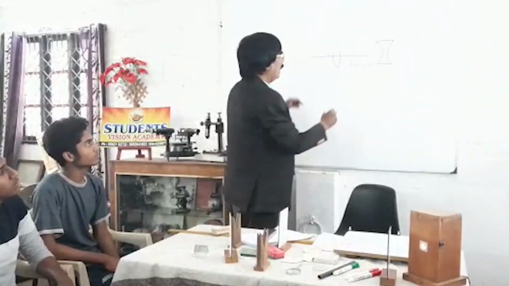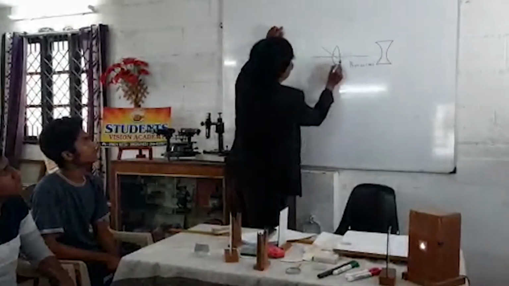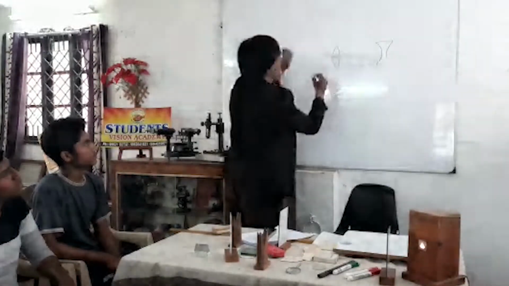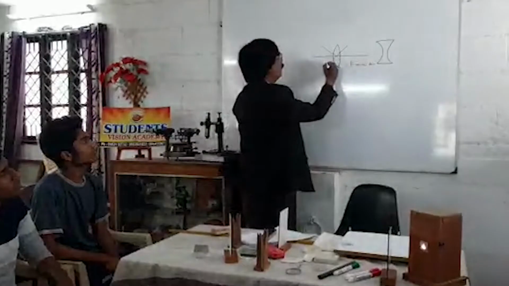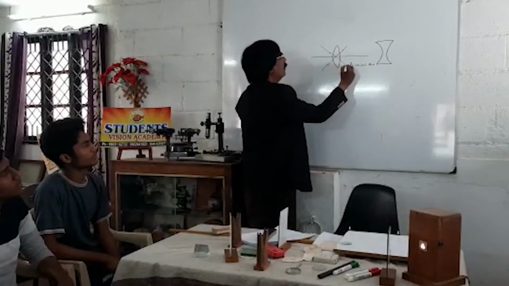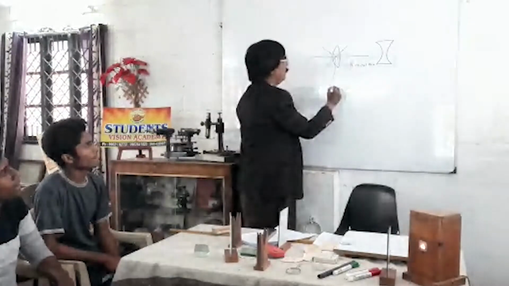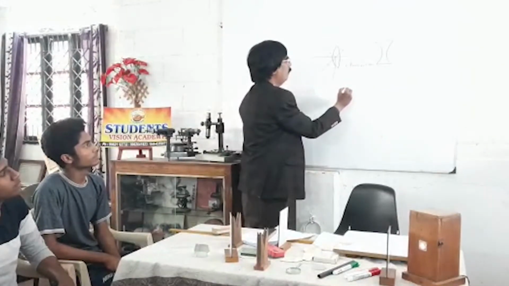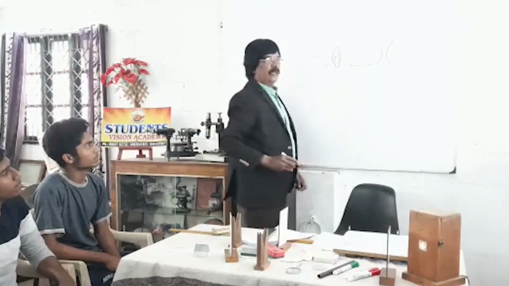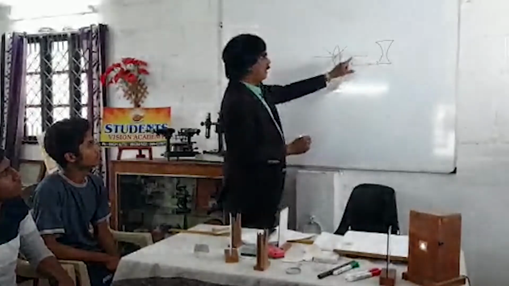Right? And the line passing through the center goes undeviated. That meeting place is called the optic center. It is the optic center. Is it not? Okay, this is the principal axis.